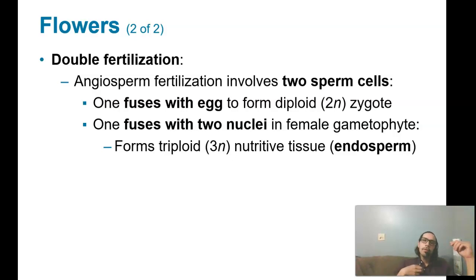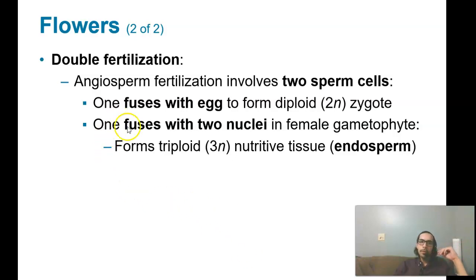Okay, so in flowers, what we see as far as fertilization is a double fertilization, because you have two non-flagellated sperm. One of them fertilizes the egg to form the zygote, and the other one fuses with a central cell to form the endosperm.